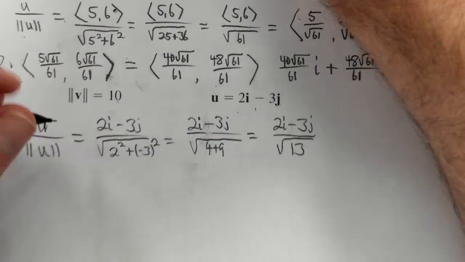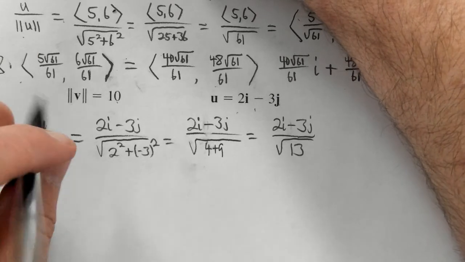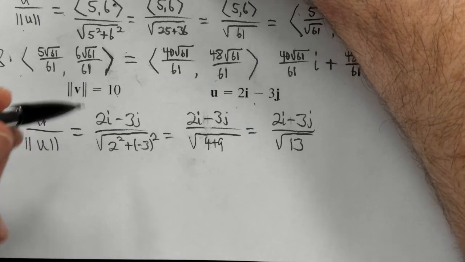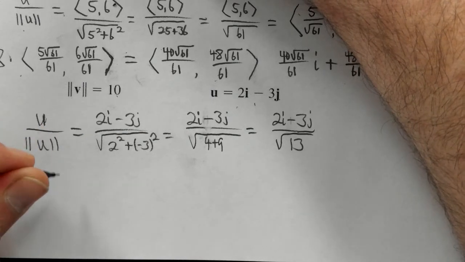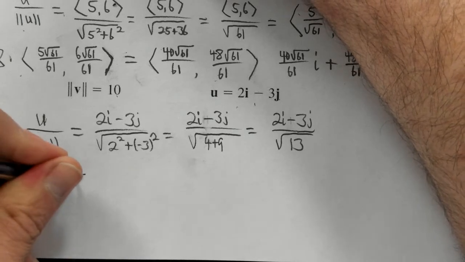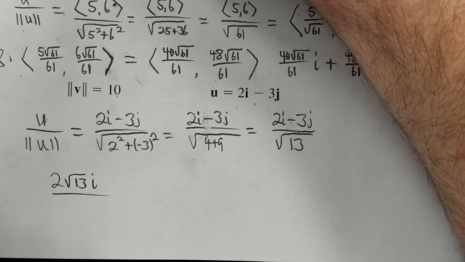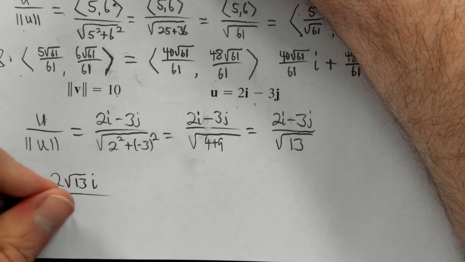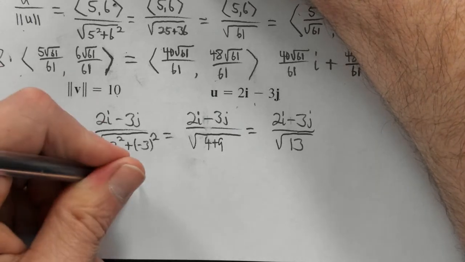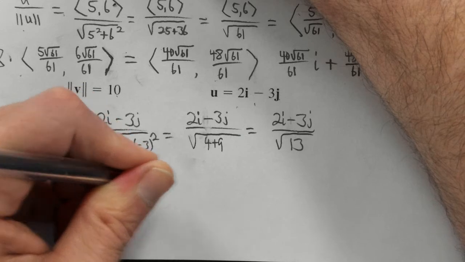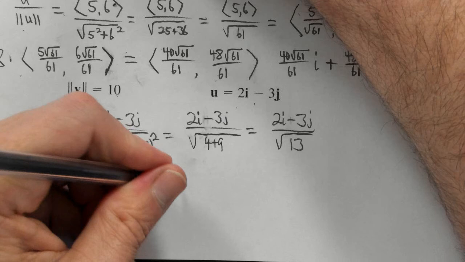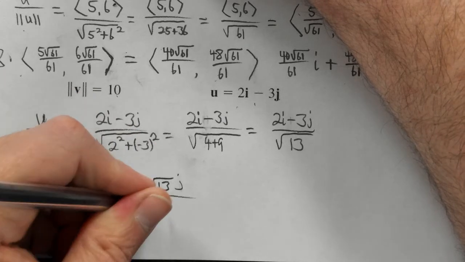And so when I divide this out, I can now get 2 square roots of 13 i over 13 minus 3 square roots of 13 j over 13.